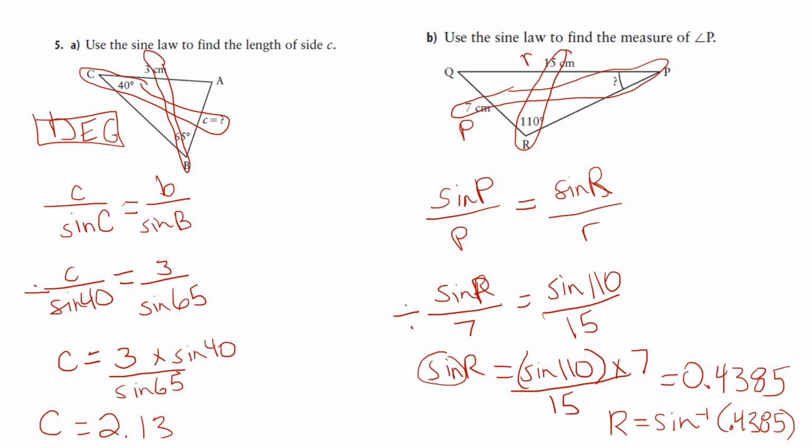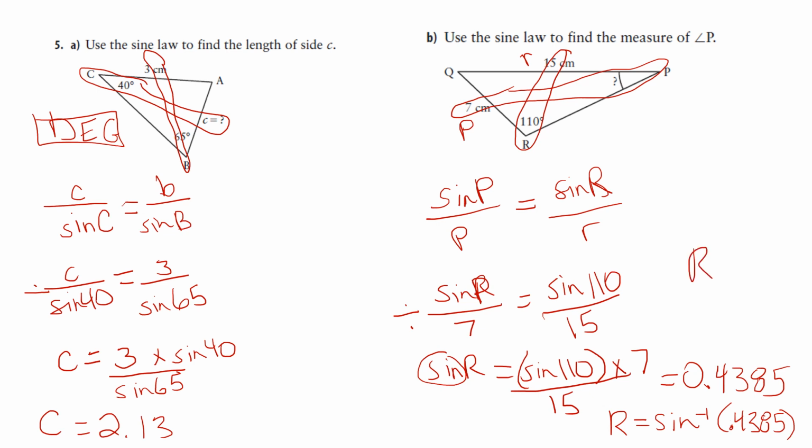That will turn that decimal into an answer that looks much more like a value we'd expect when we're looking for an angle. Sine inverse of 0.4385 gives us an answer of 26.00, so we can just say 26 degrees.